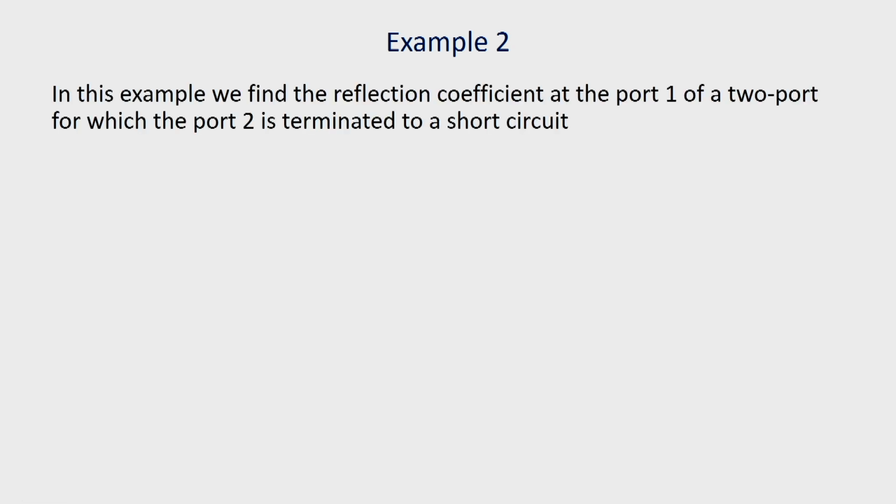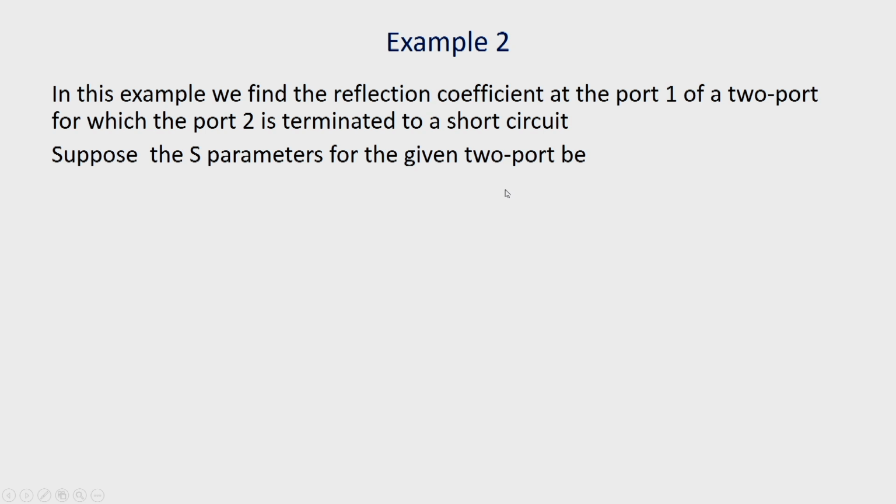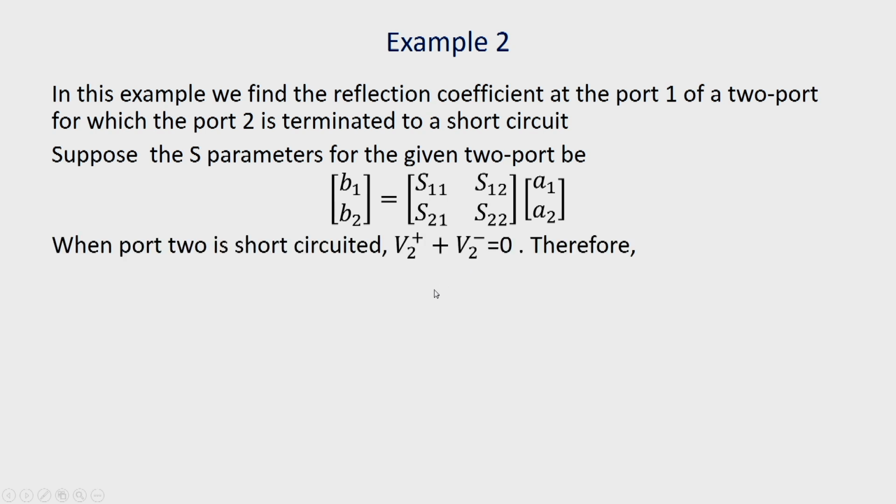We now consider a second example, where we find the reflection coefficient at port 1 of a 2 port when port 2 is terminated to a short circuit. So, let the S parameters for the 2 port be given as S11, S12, S21, S22, and next, in this 2 port we connect a short circuit at port 2.